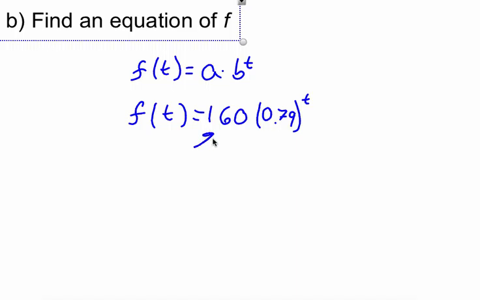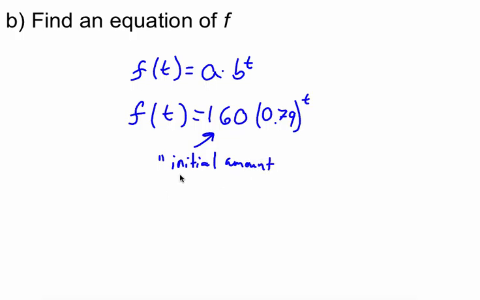Now if you recall, 160 is what we call the initial amount. So at time 0, it should be somewhere around 160. And if you look at the data set, our estimate is that the initial amount should be 160. From the data it's 162, so not bad, especially for exponential regression.